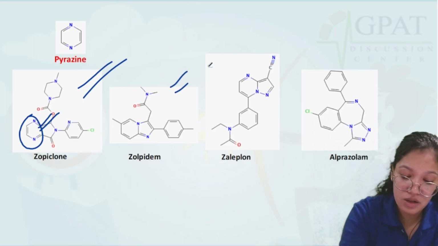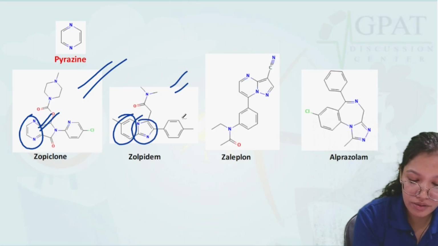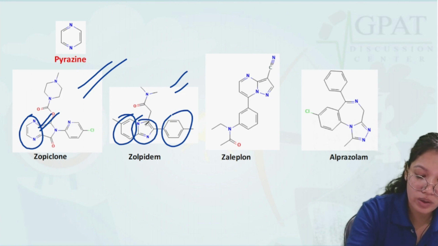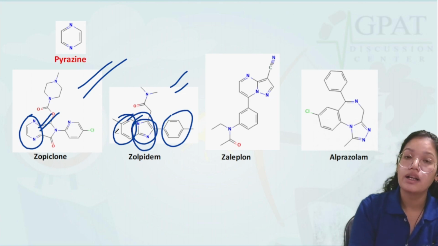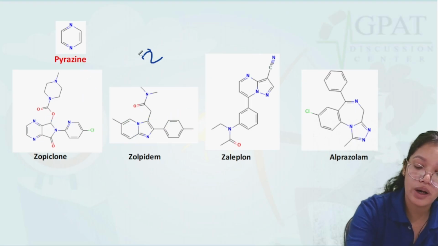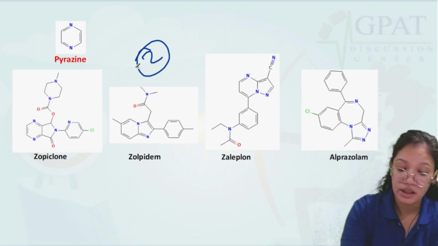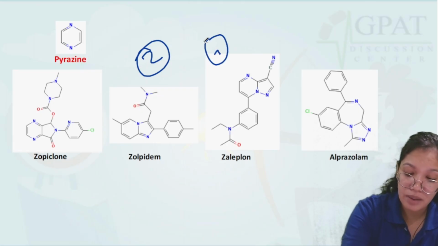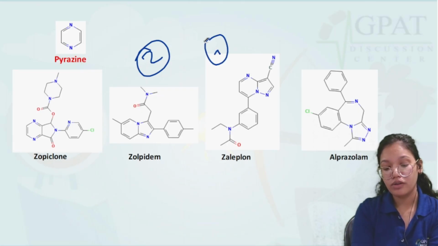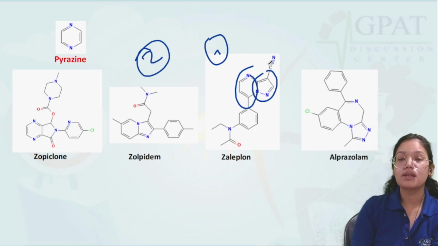Then we have zolpidem. Now zolpidem, if we look, again has three rings. In that only one heterocyclic ring is there, and that is not pyrazine. It does contain two heteroatoms, but it is a 5-membered ring, so not a pyrazine ring. Next we have zaleplone. In zaleplone we have two heterocyclic rings and none of them is pyrazine.